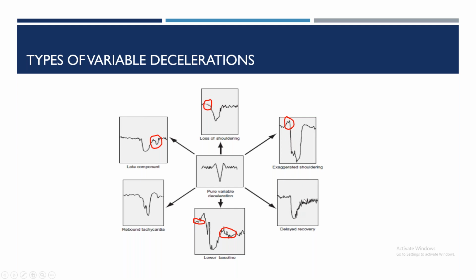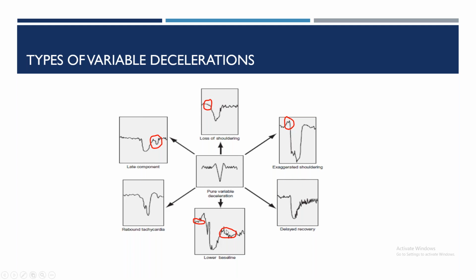Delayed recovery. So what do you mean by delayed recovery? Recovery takes more than 60 seconds, more than 1 minute. Okay. So when this deceleration comes back to normal pace and it takes more than 1 minute, it is called delayed recovery. Lower baseline. So before the starting of the deceleration, the baseline heart rate was different.